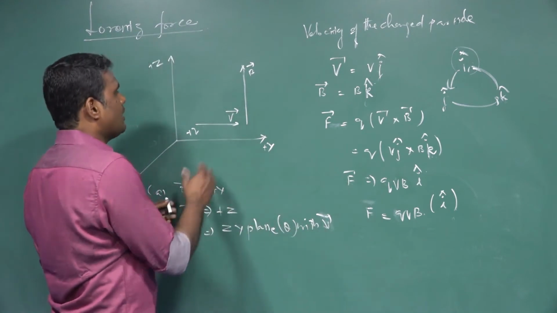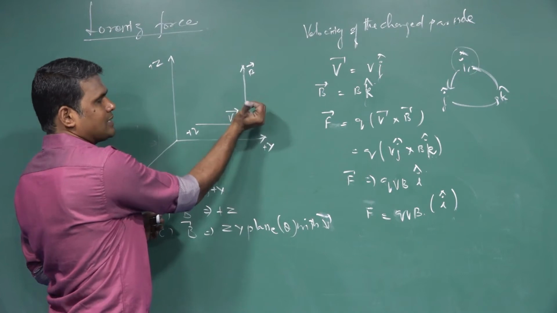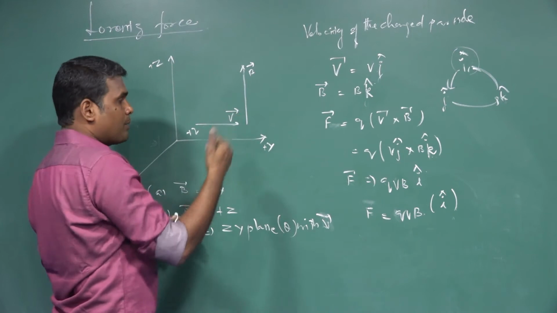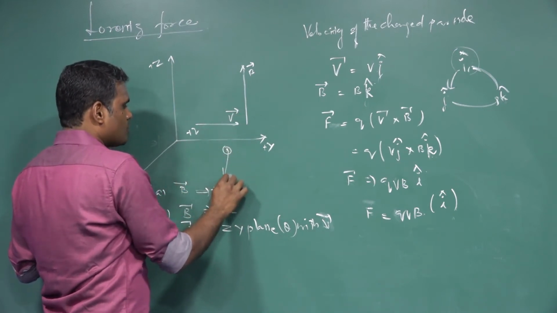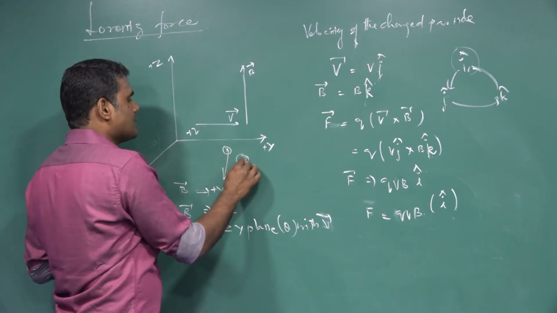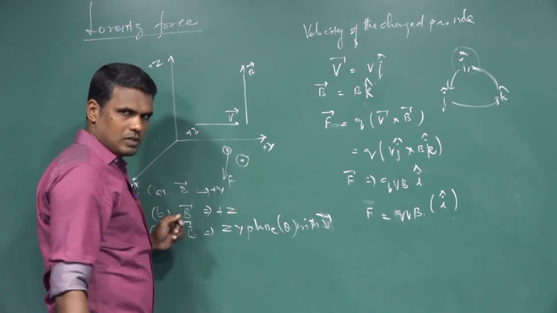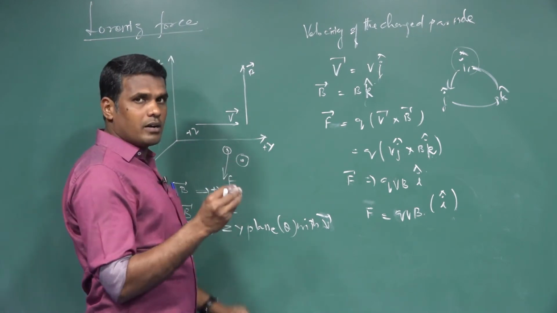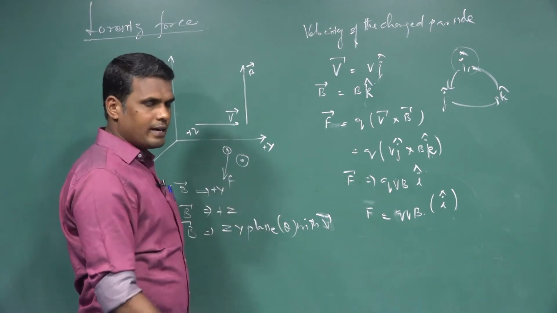As I told you earlier, if I rotate V vector towards B vector through the smallest angle, the force is represented by the thumb, which will be acting perpendicular to the plane of the board, outwards. So the force will be acting outwards along the positive x direction. Outward directions can be represented with a circle marked with a dot. In the previous section I told you a circle with a dot represents the outward direction and a circle with a cross represents the inward direction.